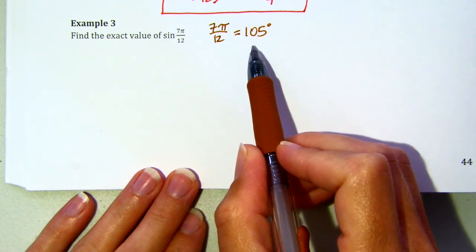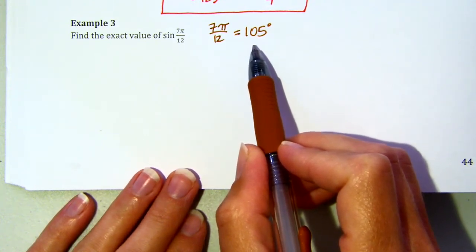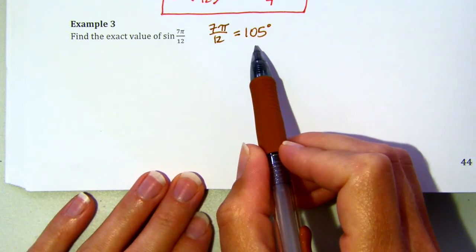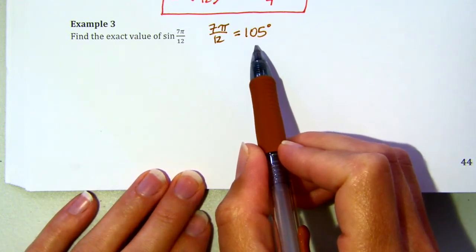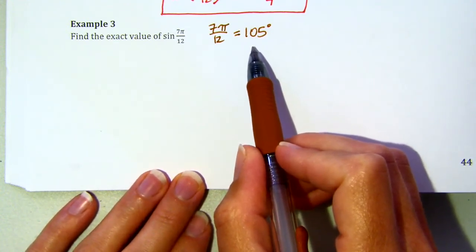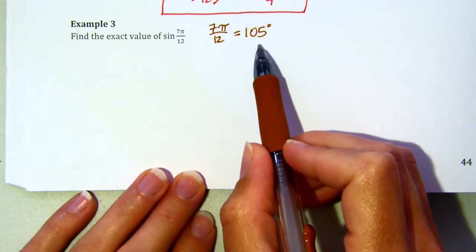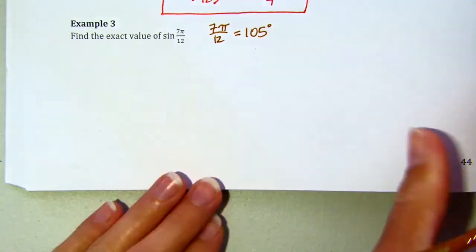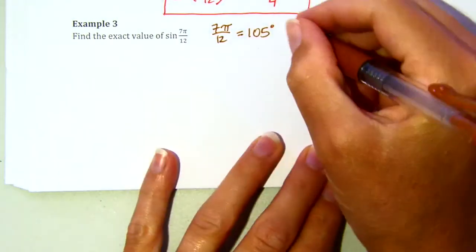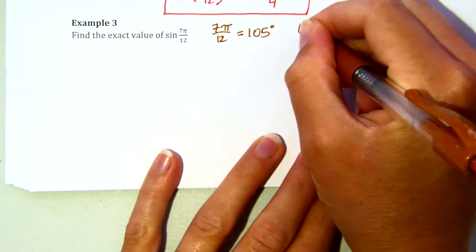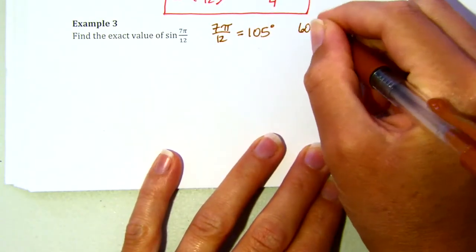So you kind of have to decide what you want to do. We could have done 150 minus 45 degrees. I'm going to add, but you would get the same exact answer if you subtracted. So let's use 60 plus 45.